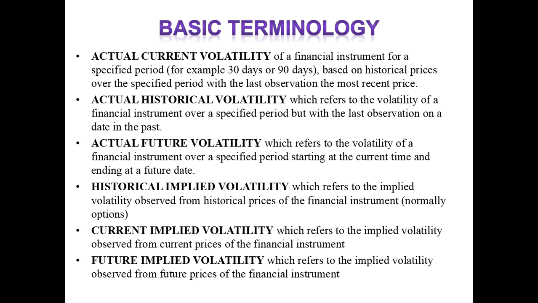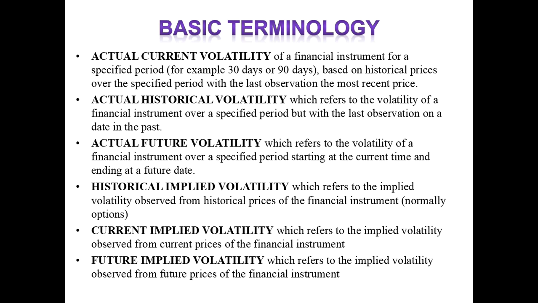Next, let's look at actual historical volatility, which refers to the volatility of a financial instrument over a specific period, but with the last observation on a date in the past. Next term is actual future volatility, which refers to the volatility of a financial instrument over a specified period starting at the current time and ending at a future date.